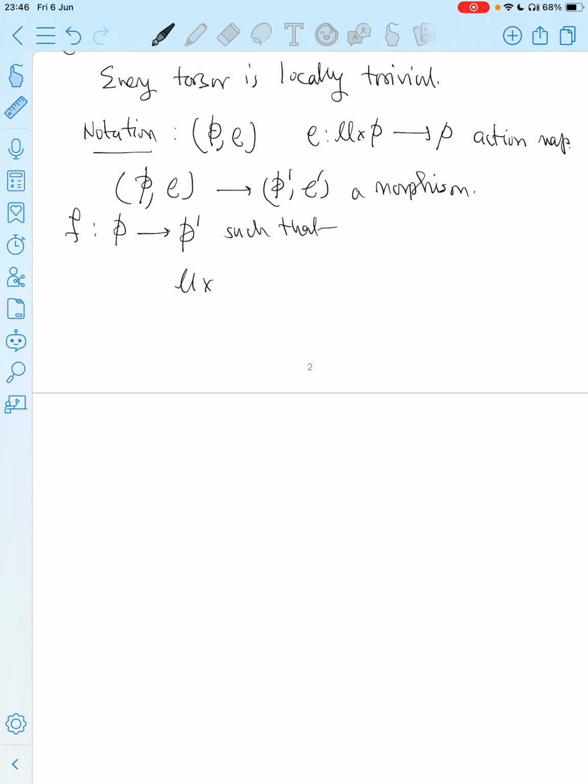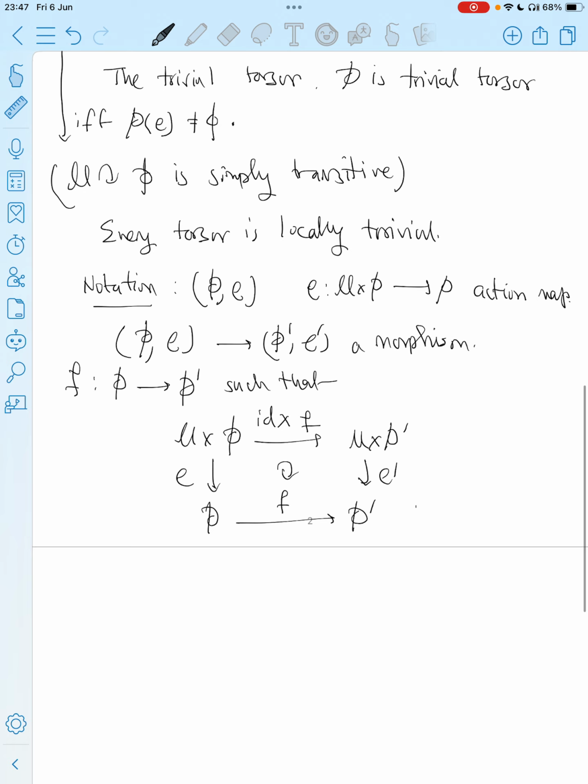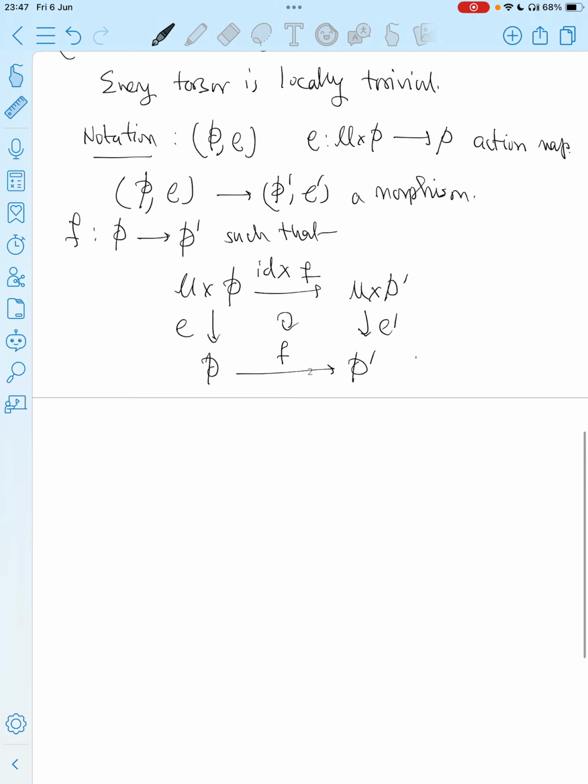So you start with this, you have this action mark, which is rho, then you have f. There you have this rho prime, and that is just identity times f, this has to commute. That is a morphism of torsors.